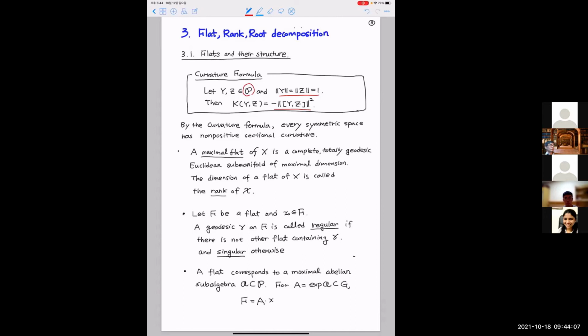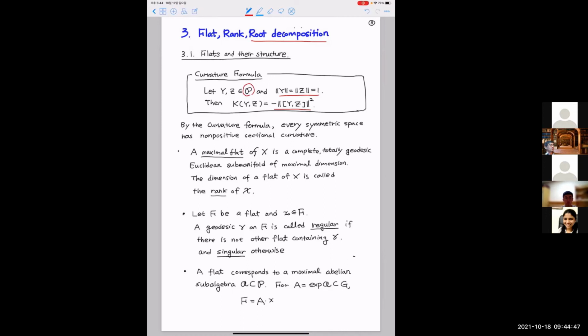This Euclidean totally geodesic submanifold plays a very important role in the study of symmetric spaces. To see that, we need the root decomposition. First we define a maximal flat of the symmetric space. This is just a complete totally geodesic Euclidean submanifold of maximal dimension, and the dimension of the flat is called the rank of the symmetric space.